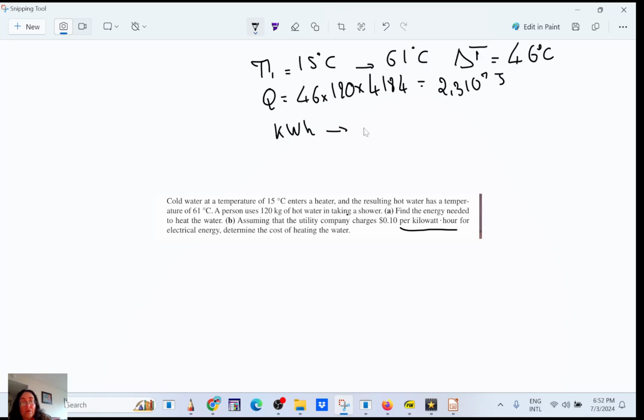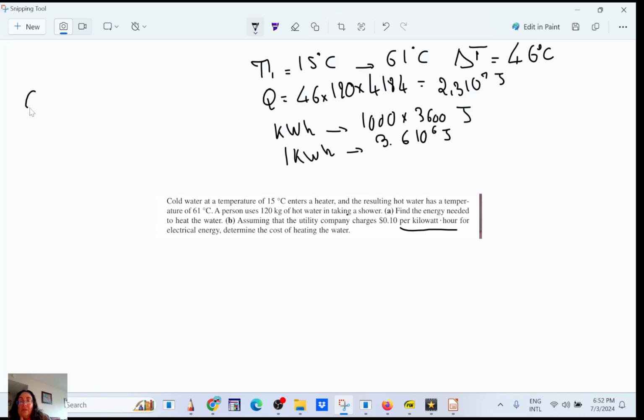So 1 kilowatt is 1,000 watts. Hour is 3,600 seconds. So that will be in joule. Okay, so you just have to know that 1 kilowatt hour is a unit of energy, and that's going to be 3.6 times 10 to the 6 joule.